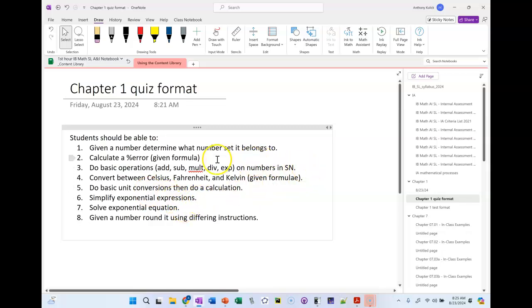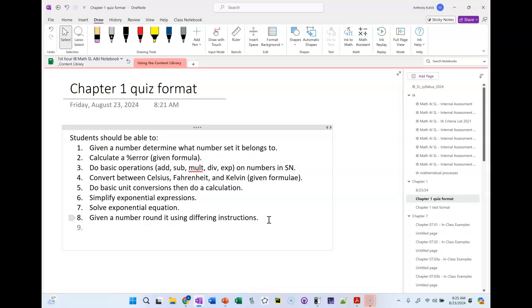So you might have the same number that I ask you to round a couple of different ways, to the 10 spot, to 3 sig figs, to the 100 spot, whatever. And then you'll give the bounds for a rounded number. Okay. That's the gist of it. It's like the same stuff, right?